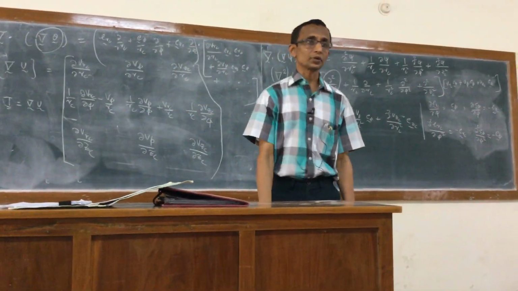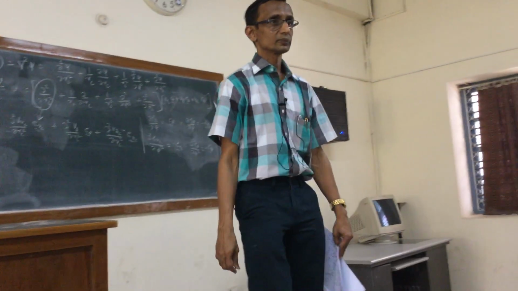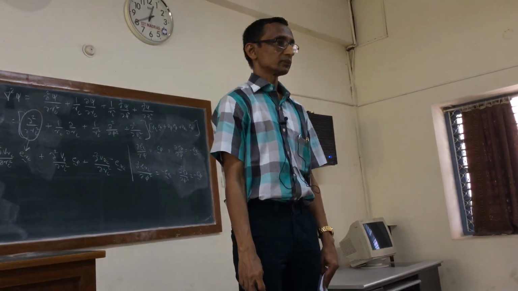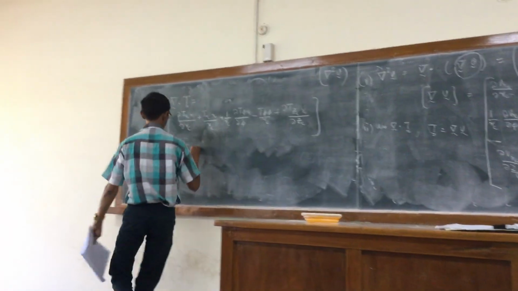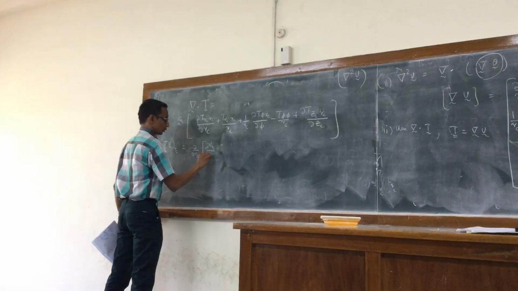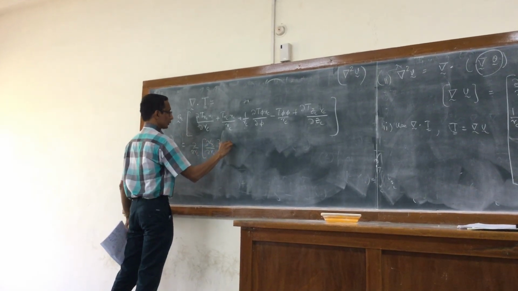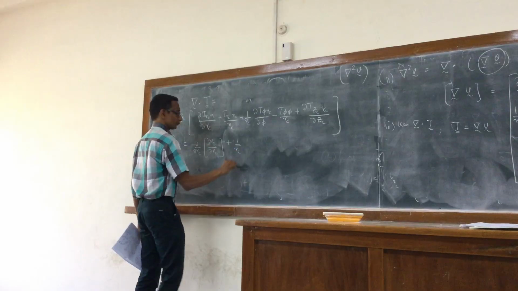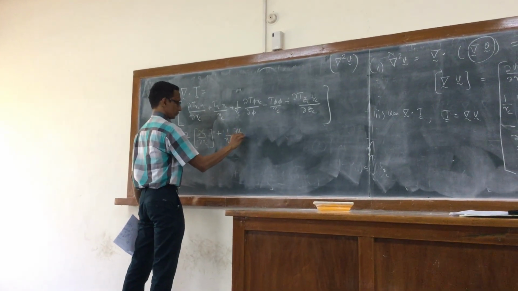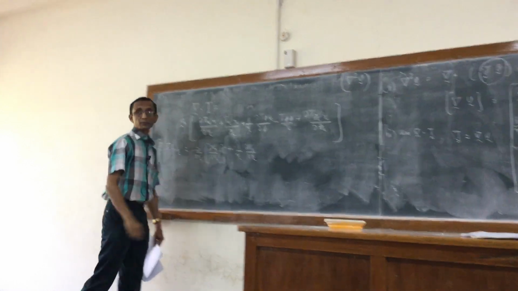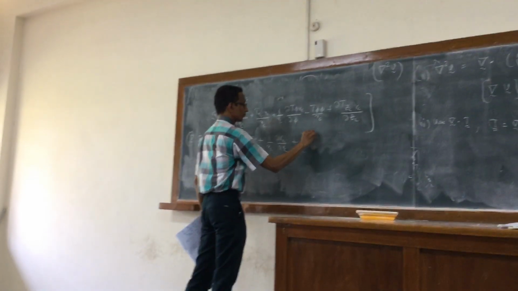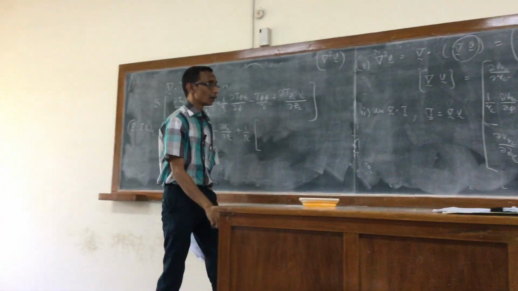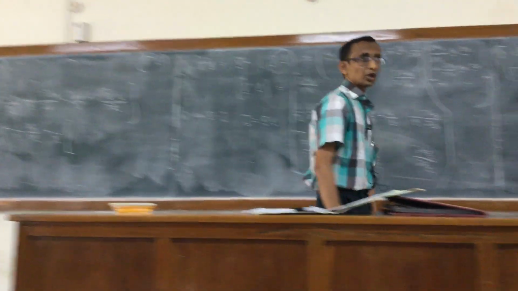From this, what would you substitute for d r_c r_c? 2 d r_c by r_c, plus 1 over r_c again. Plus 1 over r_c. So which term among them?